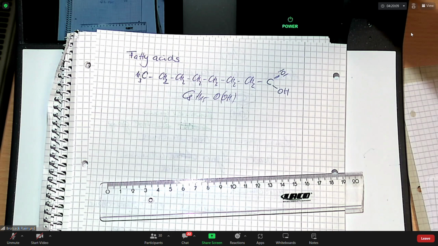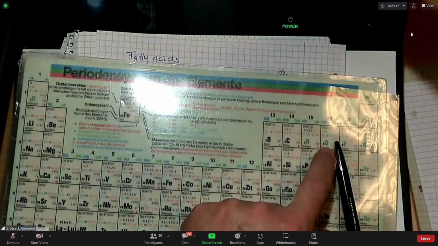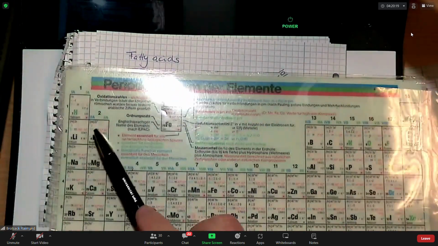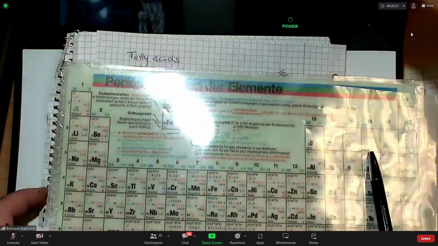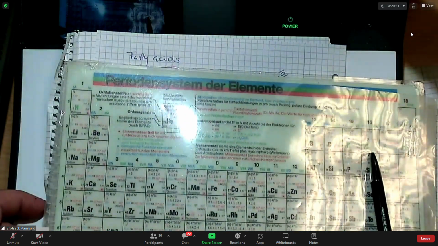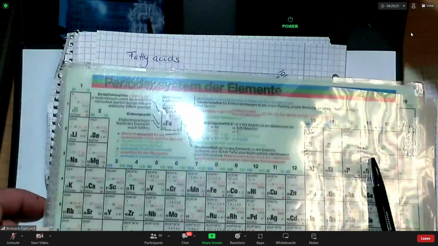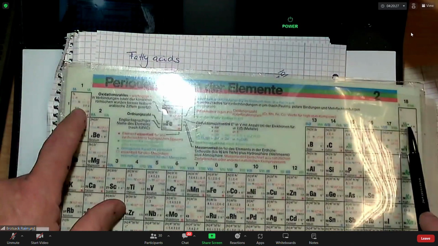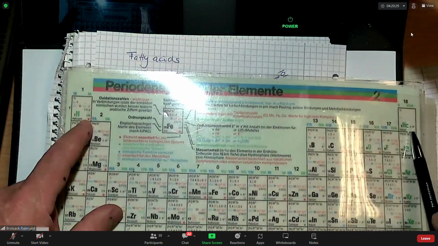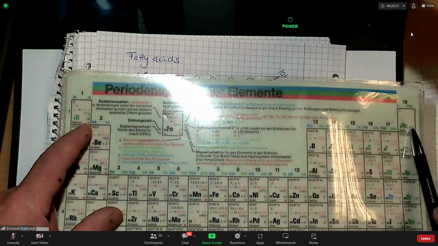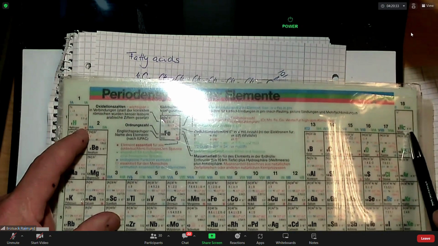These are the additional electrons on the oxygen. Oxygen has 6 electrons in the outer shell: 1, 2, 3, 4, 5, 6. And we always just talk about the electrons in the outer shell. We don't talk about the 1s2 full orbital.